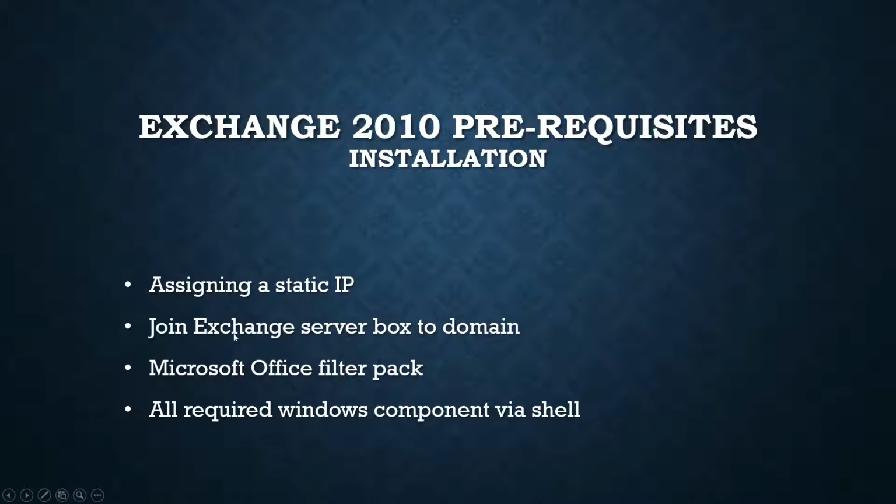We'll join the Exchange server box to a domain. Obviously, it has to be joined to a domain. Then we'll install Microsoft Office Filter Pack on the Exchange server box, and then finally we will install the Windows components which are required for Exchange setup or installation.